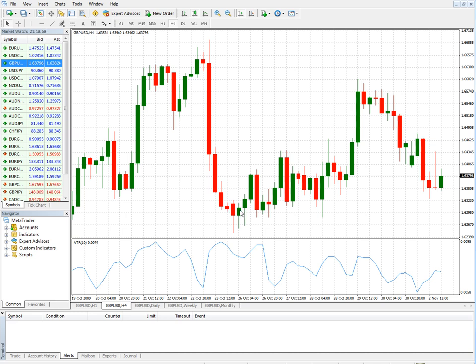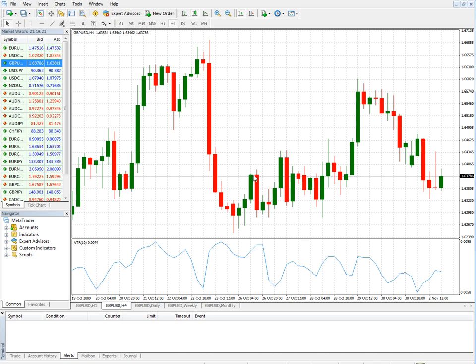Another inside bar here. And this inside bar, as you can see, spinning top. We'll talk about candlesticks, but spinning top, inside bar, and you can see here the slowing down of that particular downside momentum.